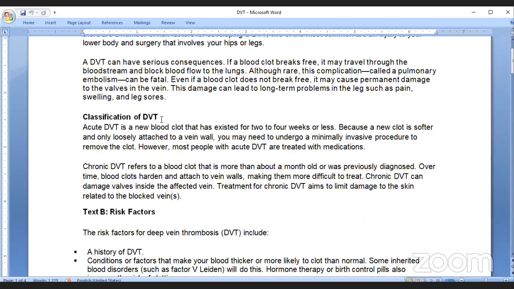Then classification of DVT: it is acute here, and if you see the next paragraph, chronic here. We don't need to read them completely, because we already know a little bit about what acute and chronic mean. Here is the timing, 2 to 4 weeks, here is 1 month, and all of these things.